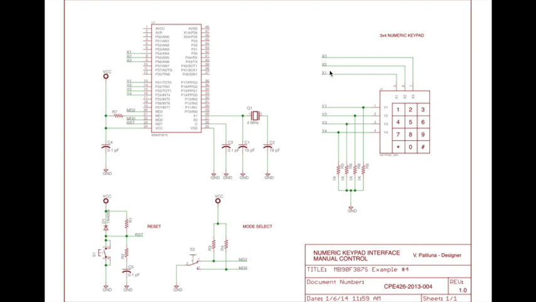So X1, X2, and X3 in the GPIO port here would be outputs because you are outputting a signal to supply to the columns of the keypad, while Y1, Y2, Y3, and Y4 here are inputs because the signals would be coming from the keypad.